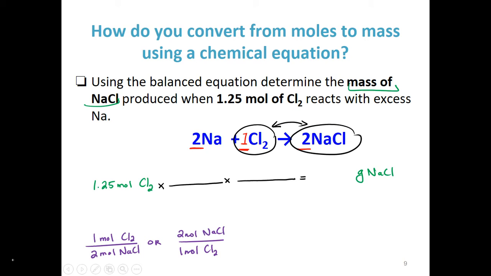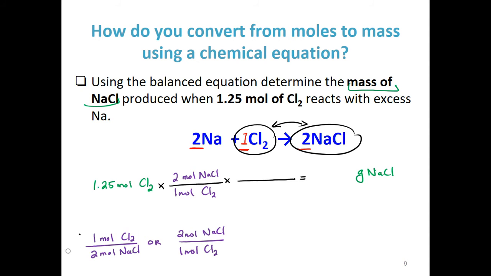I need the one that will cancel out Cl2, so moles of Cl2 is on the bottom of this conversion factor. So that's what I'm writing here: 2 moles of NaCl on the top, 1 mole of Cl2 on the bottom. That way moles of Cl2 will cancel out, leaving me with the type of moles that I want, which is sodium chloride.